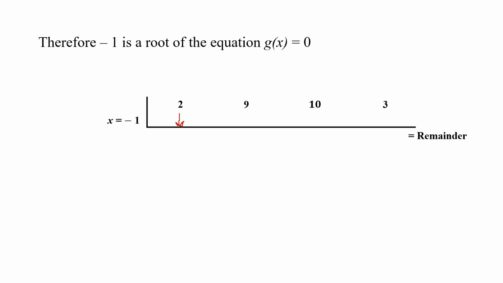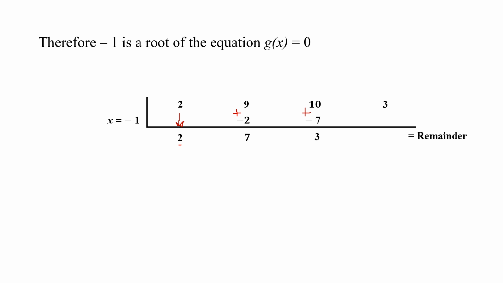If we drop this one, we get 2, then minus 1 by 2, it's minus 2. Then we add the 2: 9 plus minus 2, 7. Minus 1 by 7, minus 7. We add the 2, we get 3.